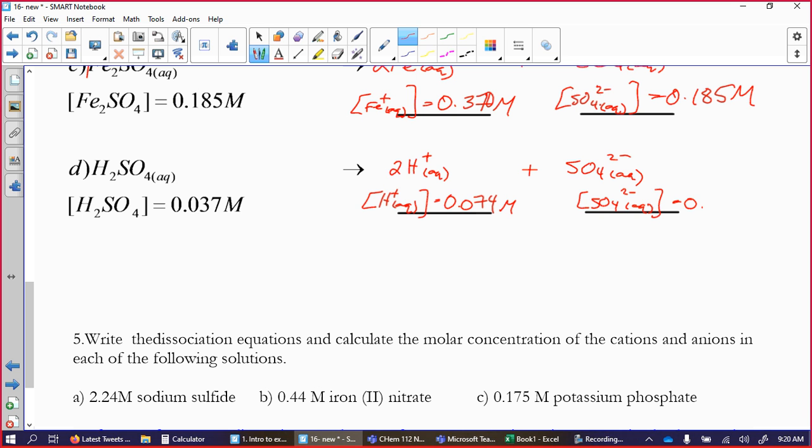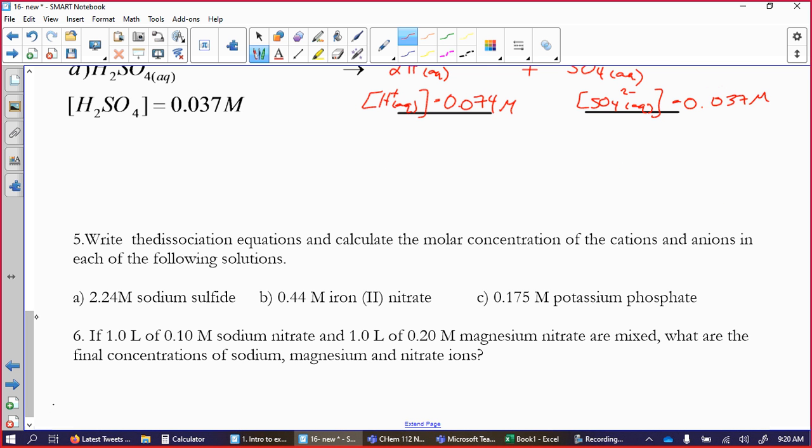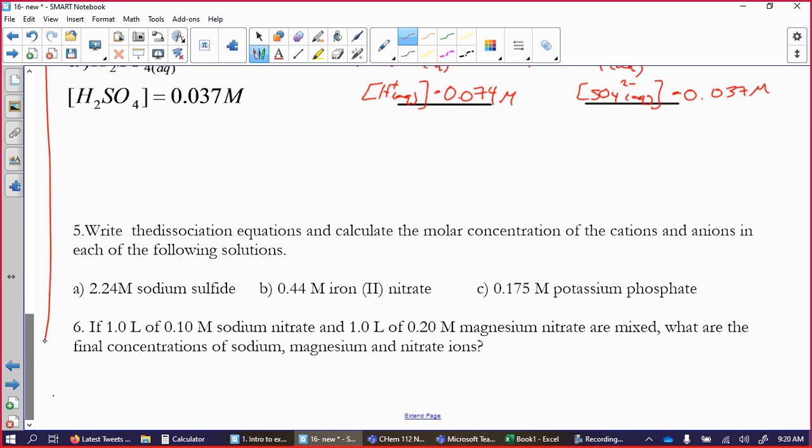Because it's 1 and a 1, 0.037 moles per liter. Number 5 is up here, I don't even know why it's called number 5. Sodium sulfide. What are the concentrations you need to do those two things?